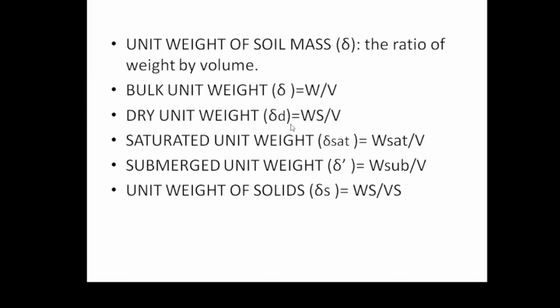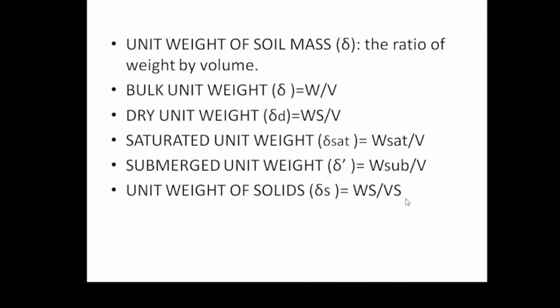Dry unit weight is weight of the soil samples by the total volume. Saturated is weight of the saturated soil by the total volume. Submerged is weight of the submerged soil by the total volume. Unit weight of solids is nothing but weight of the solids by volume of the solids.